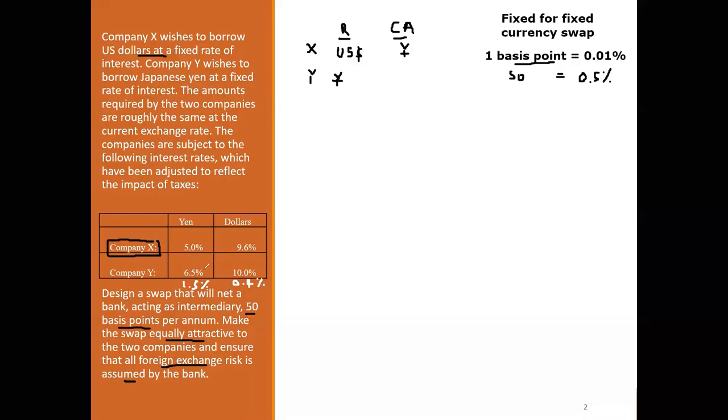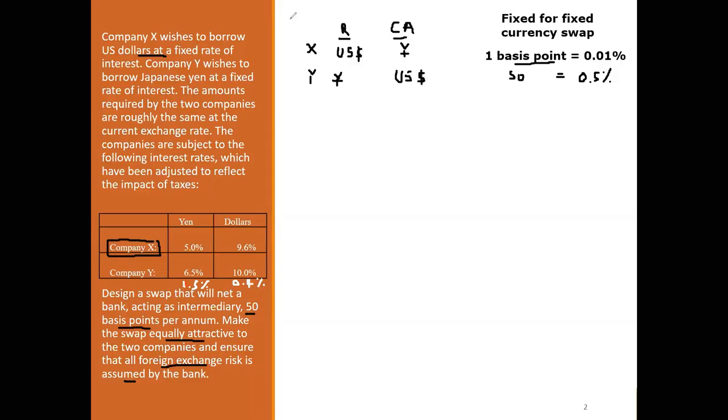So that means for Y, in the dollar market, Y will have a comparative advantage because Y is better off there. It is paying only 0.4% more than X in the dollar market. So for Y, the comparative advantage will be in the US dollar market.